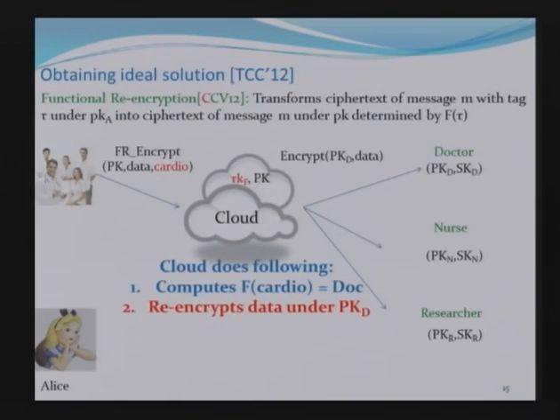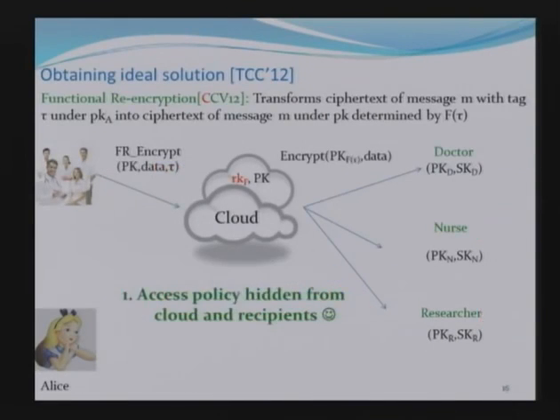Okay. And somehow we'll ensure that all this happens without the cloud learning anything about the message or about the access control. Okay. So if these recipients were to see this data, the doctor can decrypt it and he will get the data. The nurse is going to just see garbage, and so they learn nothing. Okay.